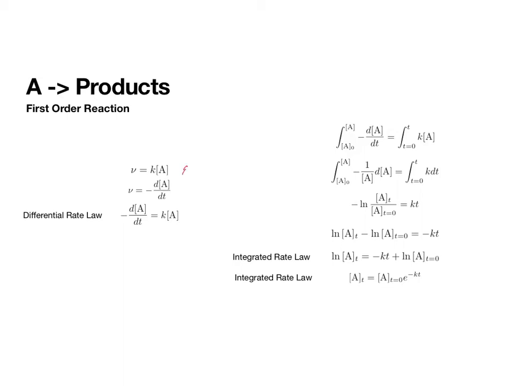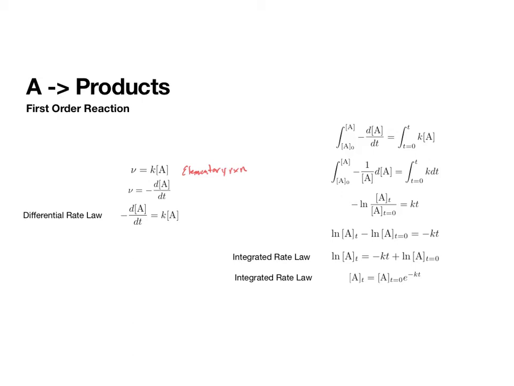This is an elementary reaction. We can also say that this rate is equal to the negative change of the concentration of A with respect to t. This is the other definition of the rate of the reaction that we defined earlier in the chapter.